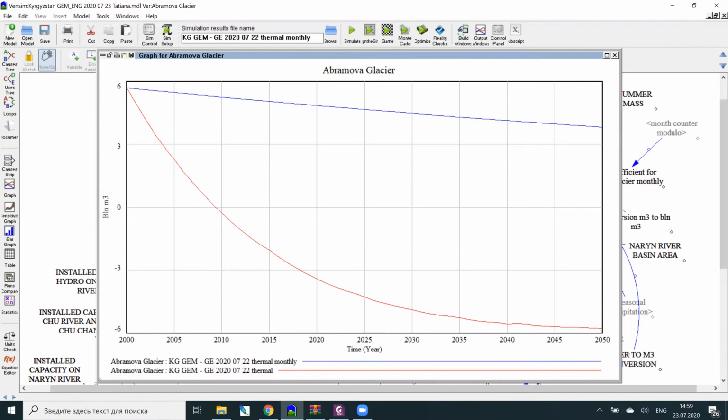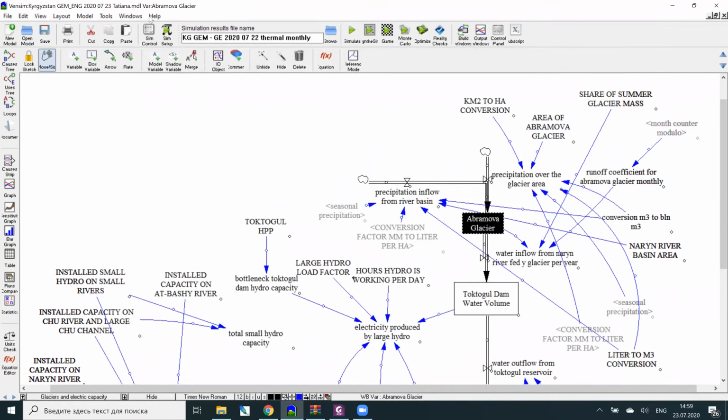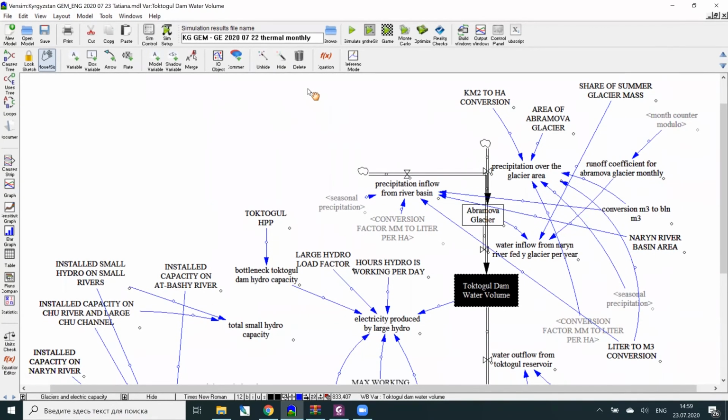But in a way, what you see now is already a more reasonable trend that we can use for calibration. So at least now it's a slow decline and it doesn't go negative. So I suggest we proceed for 5 more minutes to see the other variables and then we take another break again. But let's see, having sort of fixed that for now, what happens to the other inflow, how big it is compared to the one that we have from the glacier, and then what is the total dam volume?